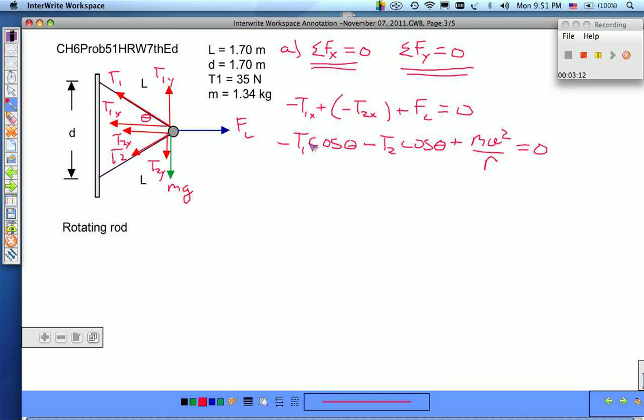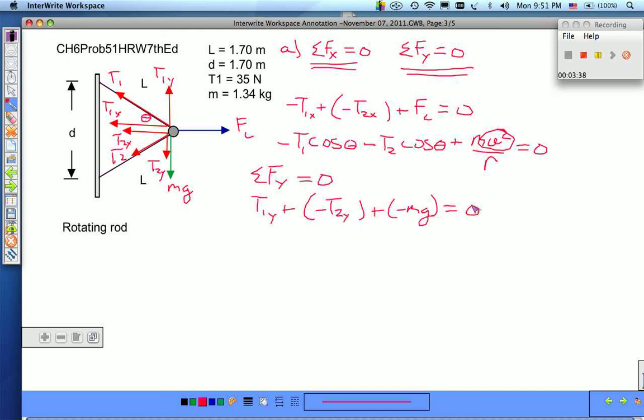So part A asks us for the tension in the lower string, and it appears from this expression we can't get there from here. We're not given the speed of the object. So let's look at the sum of the forces in the y direction. We have T1y up plus minus T2y down plus minus mg.